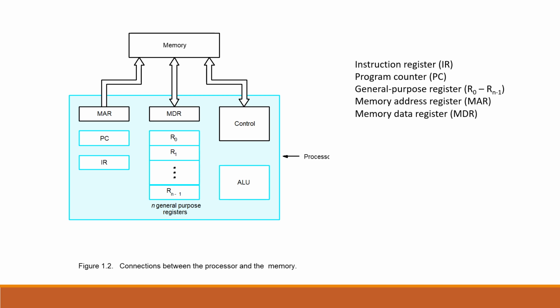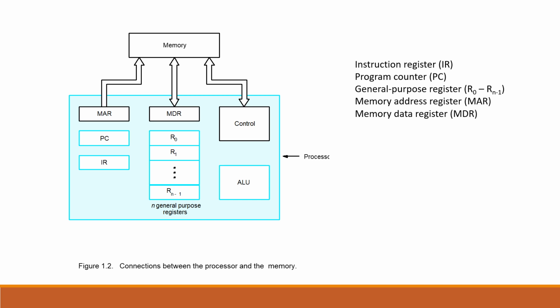Next is the program counter. The program counter is a specialized register which will keep track of the execution of a program, and it will contain the memory address of the next instruction which is to be fetched and executed.